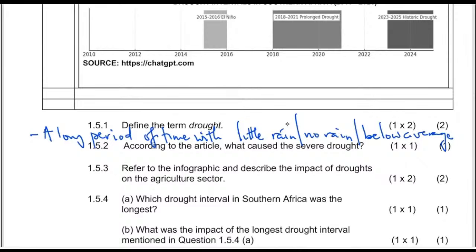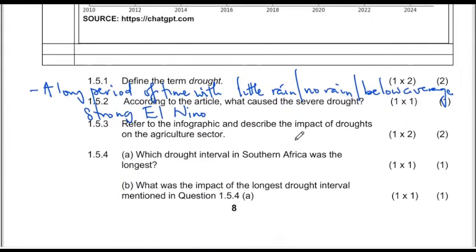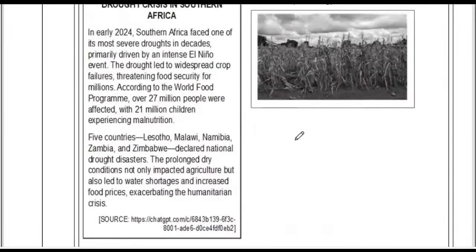Right. According to the article, what caused the severe drought? If we look into the text, it talks about a strong El Nino. That was the cause. Refer to the infographic and describe the impacts of drought on the agricultural sector. Right. If you check on this, what is the implication?